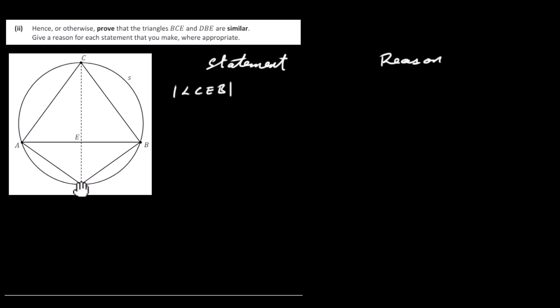So CEB, this angle here in other words, is going to be equal to the size of the angle DEB, which is, they're going to be 90 degrees. And this is given because we're told in the question that the line CD divides the diagram symmetrically.